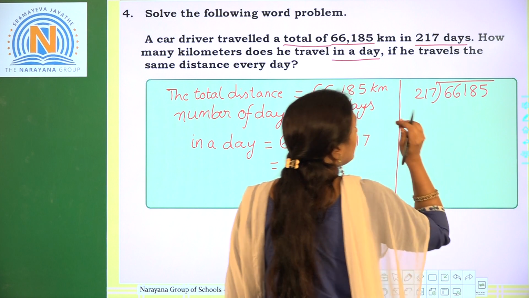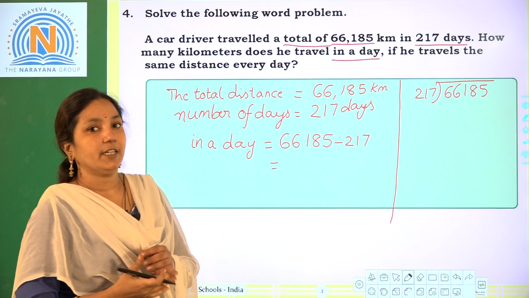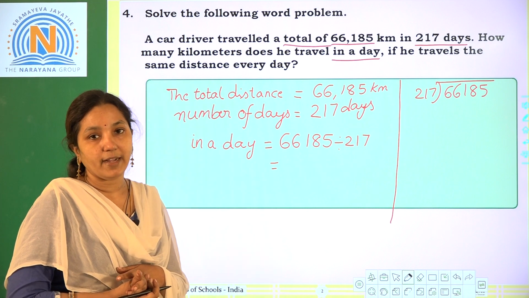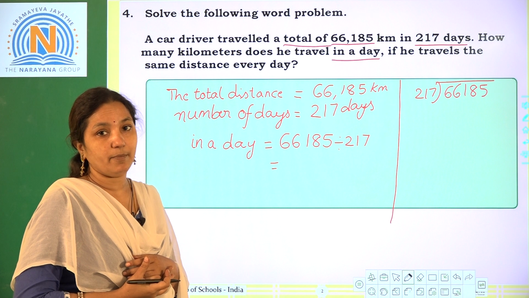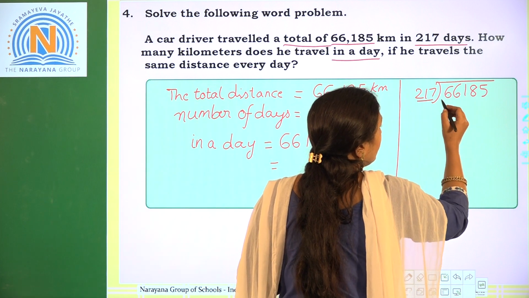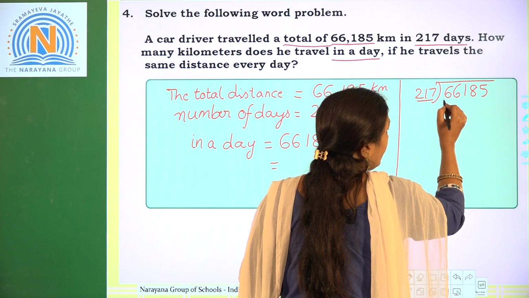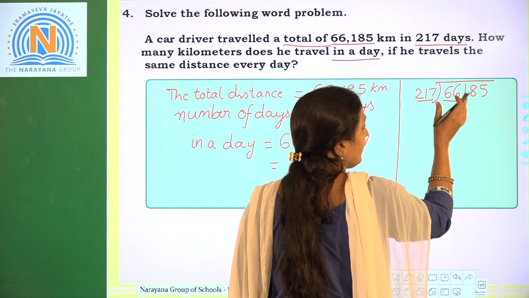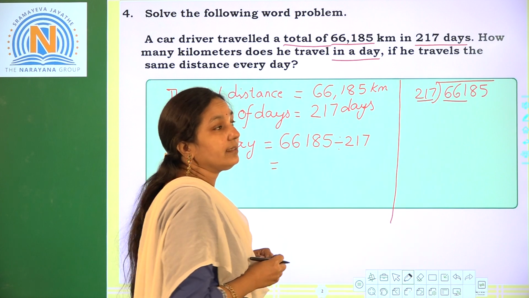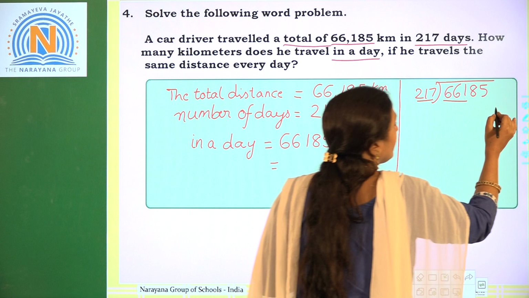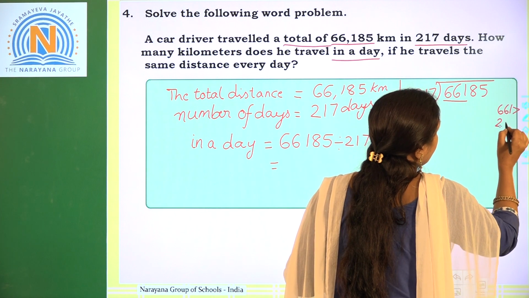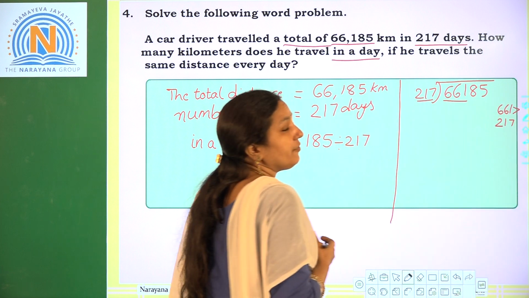So 66,185 is divided by 217. We follow 5 steps for the long division method. First, identify the number of digits in the divisor, and take that many digits in the dividend. Here 3-digit numbers are given, so we take a 3-digit number. 661 is greater than 217, so we can divide.